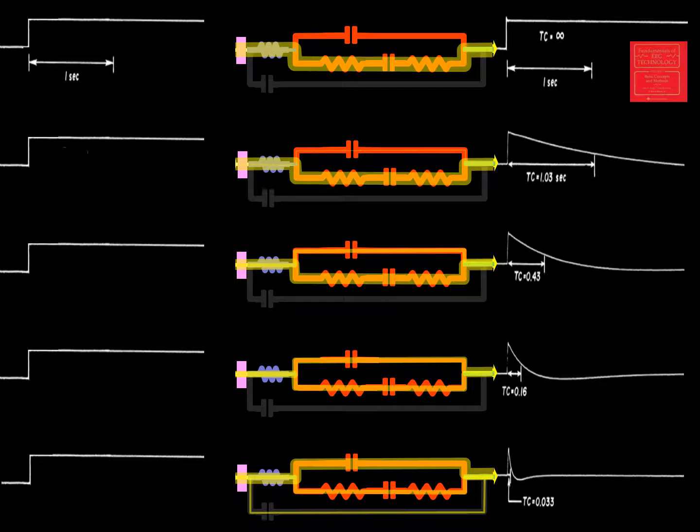Therefore, there's nothing else for the current to do but to travel through the straight capacitance. The result is that the drop in voltage occurs much earlier. Please take a moment to look at this frame. Notice how the less current travels through the resistive leg of the circuit, the sooner the drop occurs.